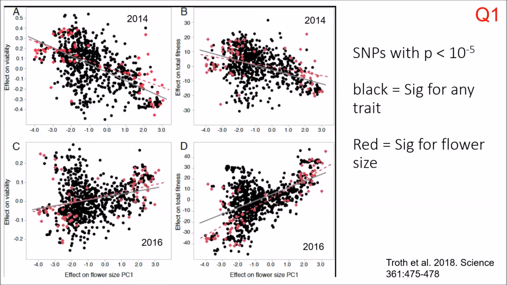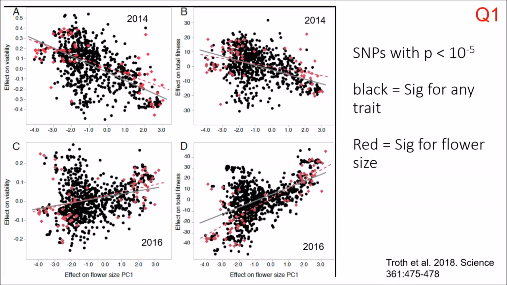The point of this is that if you look at the SNPs which were significant for effects on trait, and ask what their effect on flower size is, which is on the x-axis of each of these graphs, you can see that there's a relationship between effect on flower size and effect on fitness components. And it changes between 2014 and 2016.